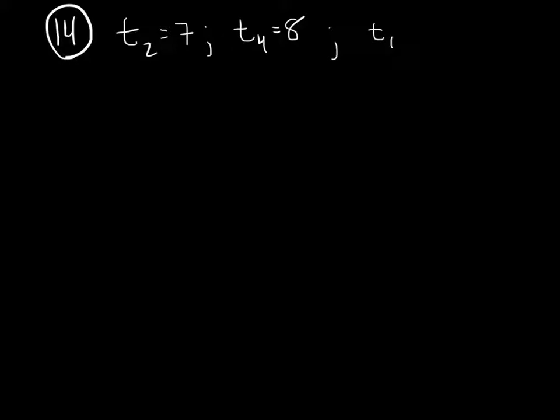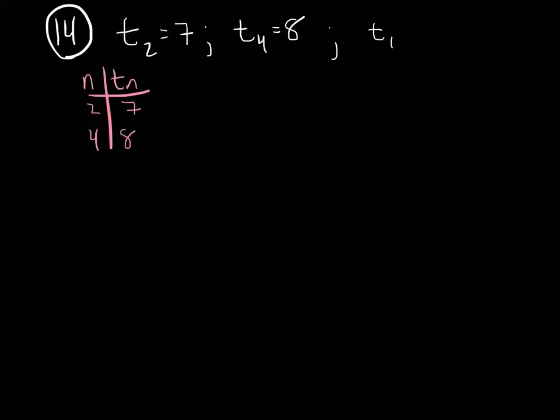They don't give us a lot of information other than n and t sub n. When n is 2, t sub n is 7. When n is 4, t sub 4 is 8.